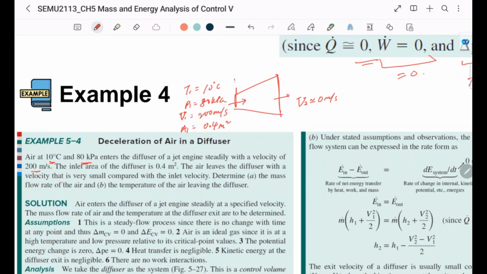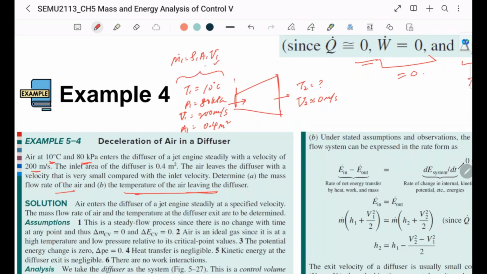Determine the mass flow rate of the air and the temperature of the air leaving the diffuser. The mass flow rate we can analyze from the inlet because the inlet has most of the property that we need. It's rho 1, A1, V1.